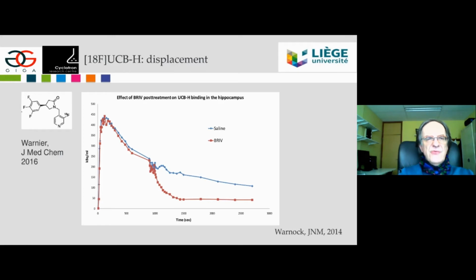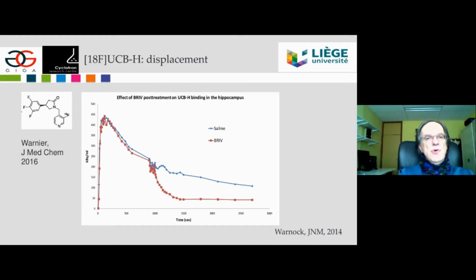Now, the second step, when you see that you can effectively have a drug entering, is making time activity curves. So this is exactly what you see here in blue. You've got your time in seconds. You've got the activity, which is measured in becquerel per milliliter of brain.